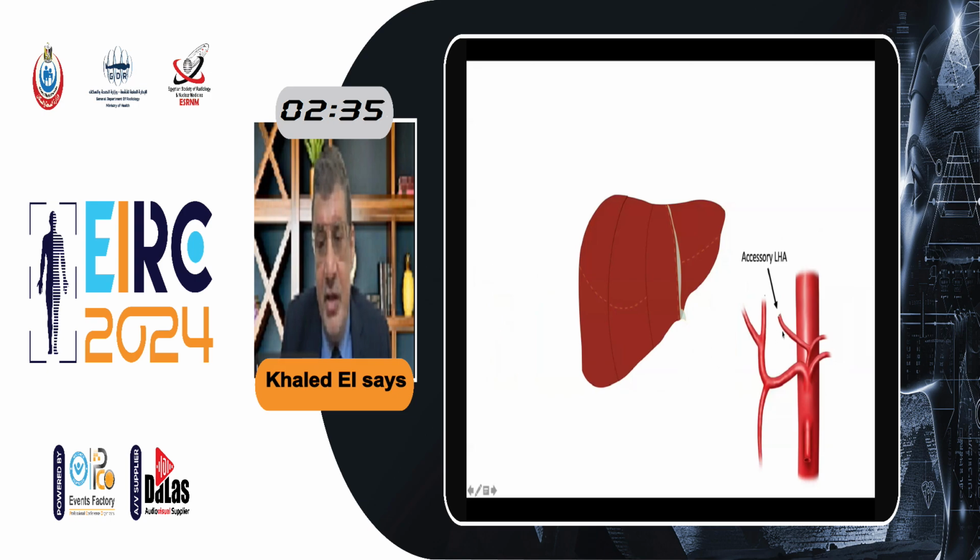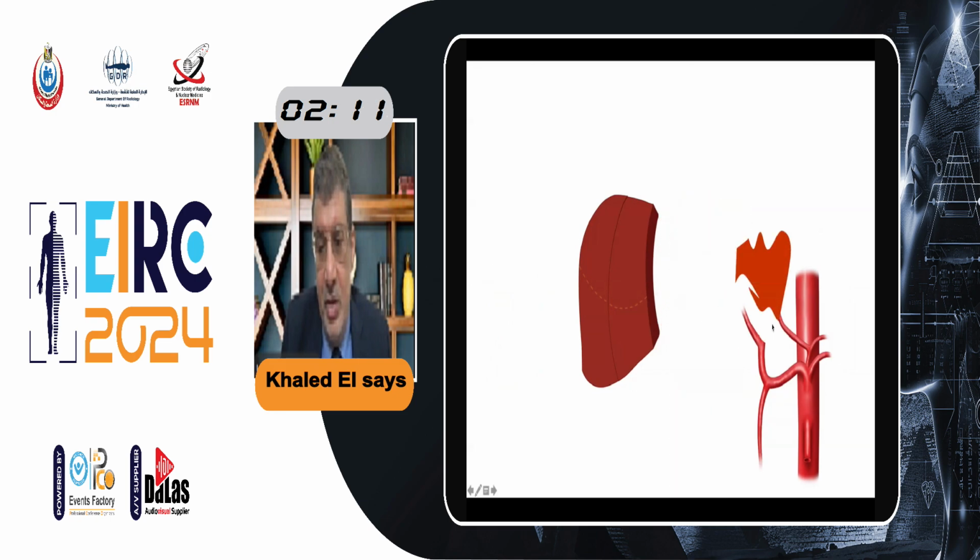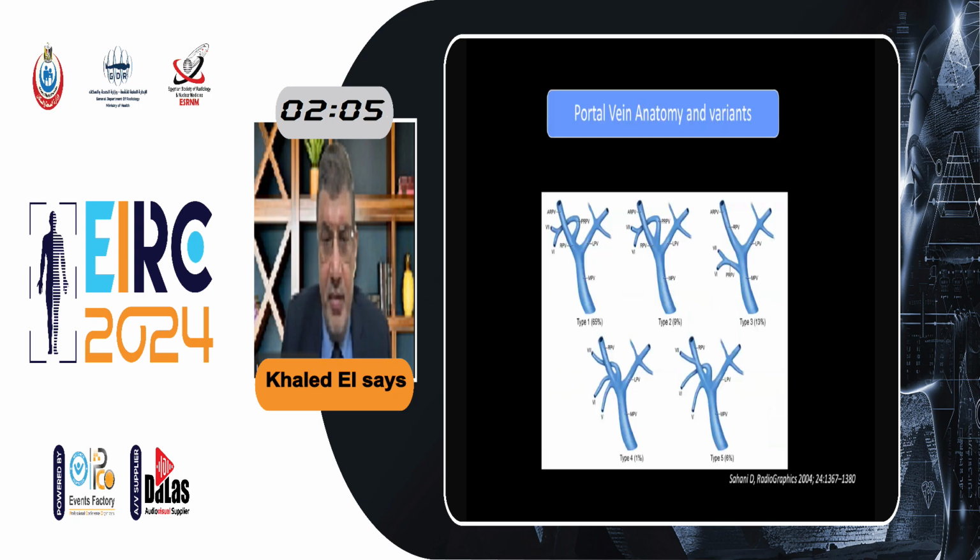They will fail to ligate this left hepatic artery. If you're doing a left hepatectomy, you need to ligate the blood supply for the left lobe of the liver. But here, in such a case, you will take out the left hepatic lobe and leave this one, and that will happen when you don't mention it. Then there can be a gush of blood from the accessory or replaced left hepatic artery.